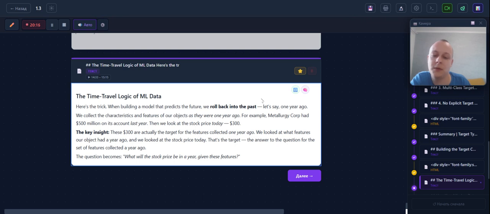So we looked at what features our object had a year ago, and we looked at the stock price today. That's the target, the answer to the question for the set of features collected a year ago. So from this moment, right now, today, we can look at another company and predict the price in the next year.